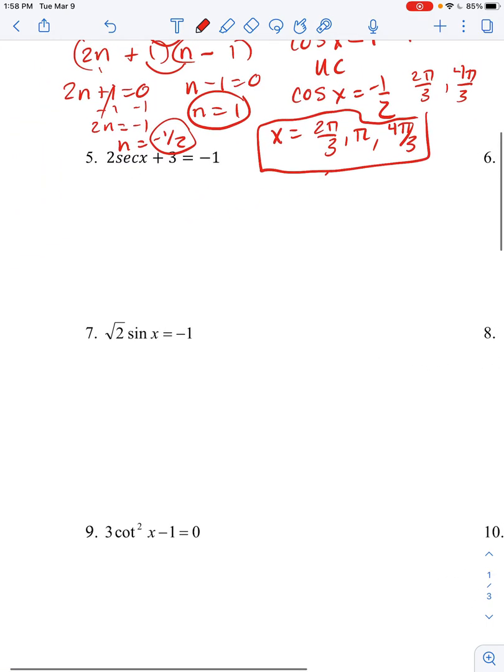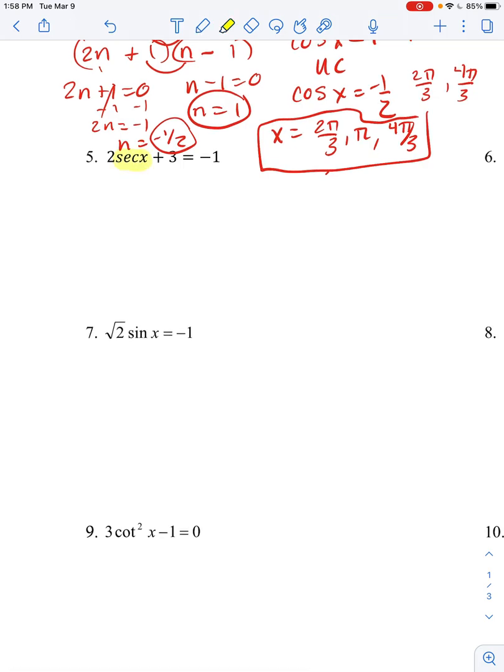All right, how about 5? Well, the thing I'm going to try to get alone is secant, and that's going to be a flipper. I'll need to flip it over and turn it into cosine, but I'm going to start by subtracting 3. So 2 secant x equals -4, dividing out the 2, secant x equals -2. Time to flip.